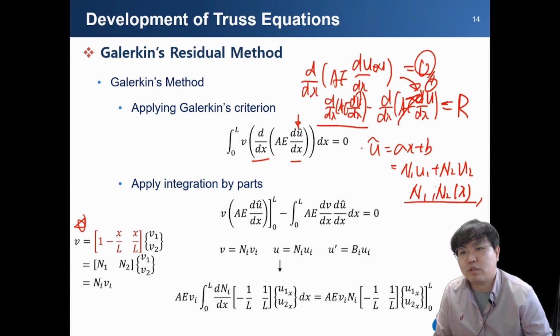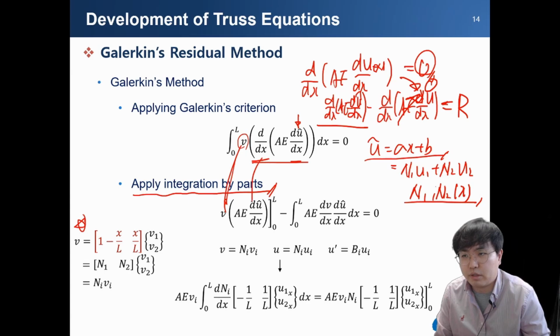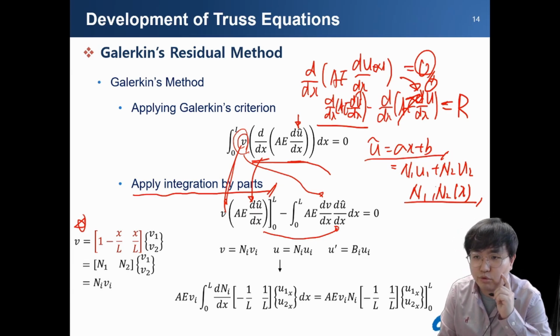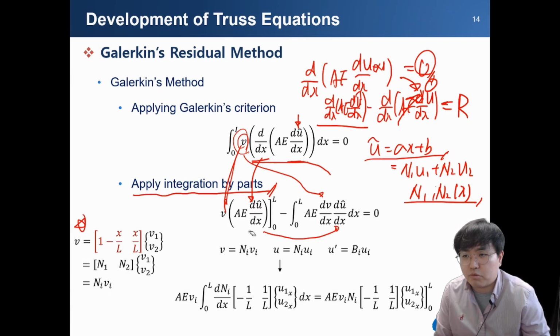This part always equals 0. However, to handle this equation with a first order polynomial, we apply integration by parts. This part equals 0, this part is integrated the first time, and this part is integrated again while this part is differentiated this time. This is integration by parts, in Korean 부분적분. So we obtain this equation in here.